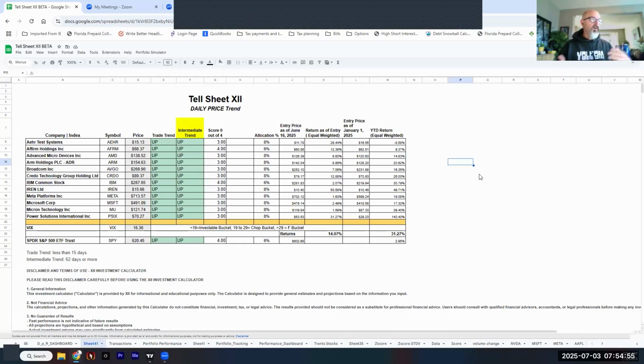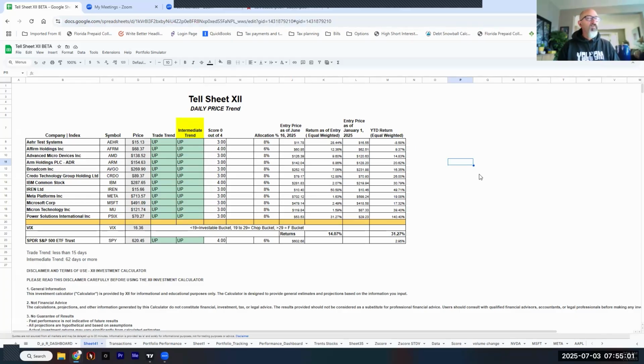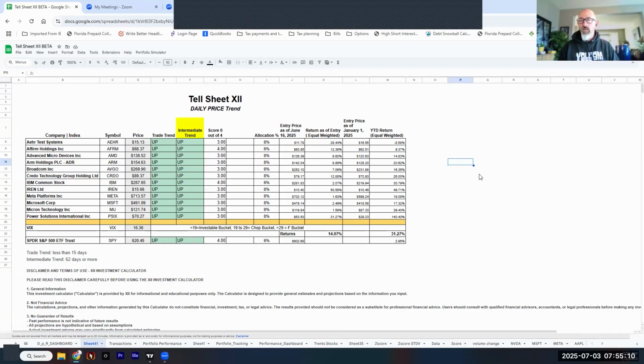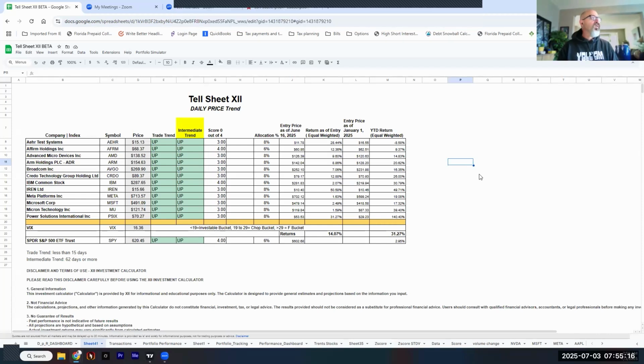The other two are what I've spent 25 years of my life trying to figure out, and those are based on price, volatility, and volume. And I've created a formula that looks at those three elements and how they correlate to where a stock is positioned when it comes to resistance and support.